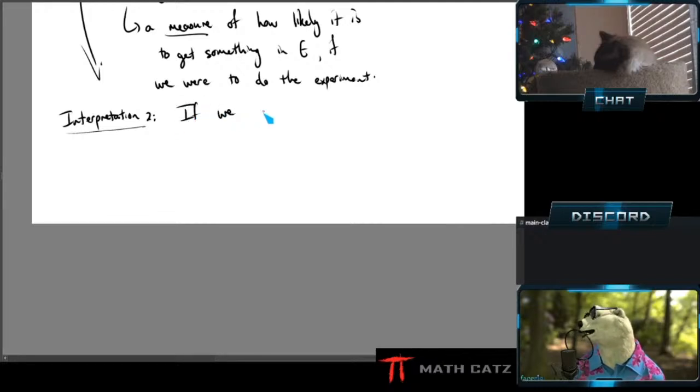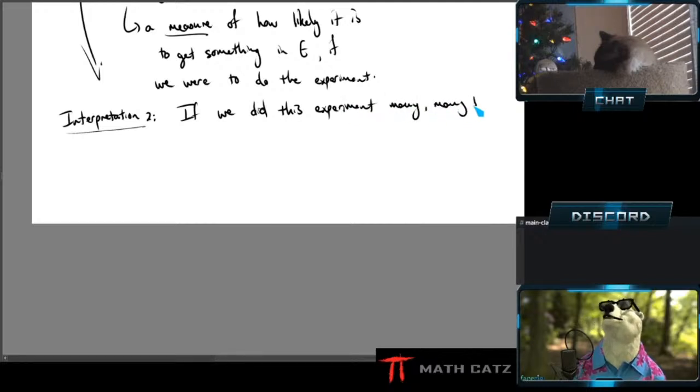If we did this experiment, rolling 2 dice, many times, you do it over and over and over. Every time you see, do I get a double or not? Over and over and over, thousands and thousands of times. And with a computer, it's fairly easy to do, right? Many times.